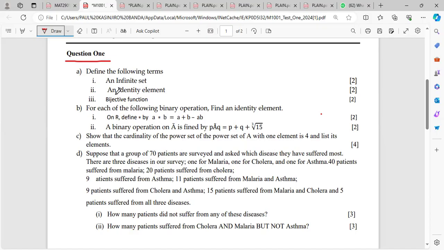And then here they're saying define an identity element, okay? So what is an identity element in simpler terms? An identity element is just an element such that when you apply an operation on it with another element, you still get the same element, right?